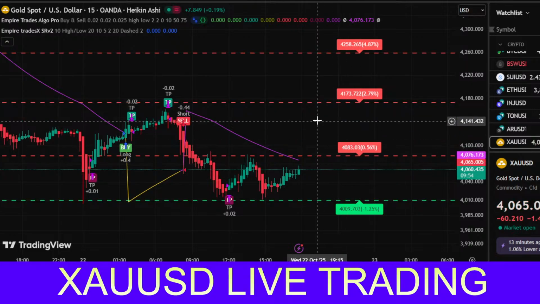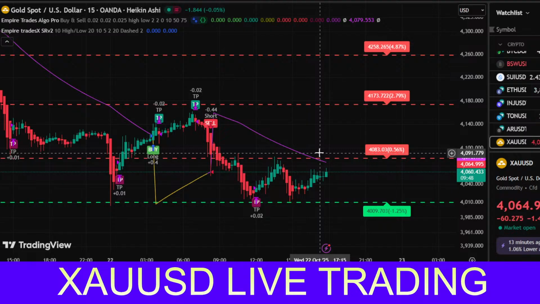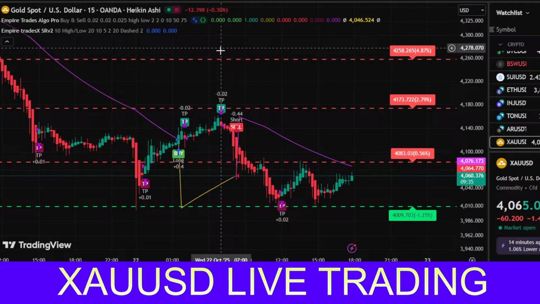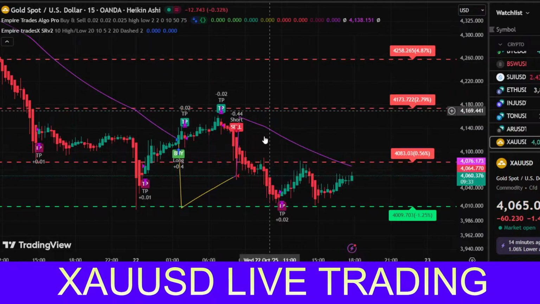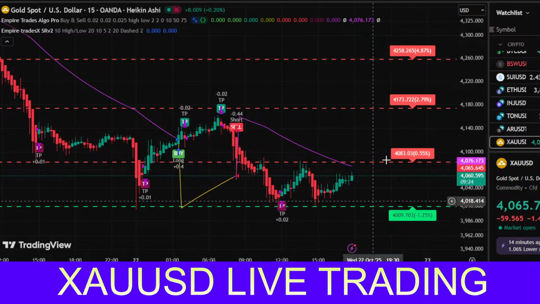The essence of weekend gap trading lies in predicting the direction of these gaps and positioning trades accordingly. Traders analyze a range of factors to forecast potential gaps, including economic indicators released over the weekend, political developments, natural disasters, or major news events.